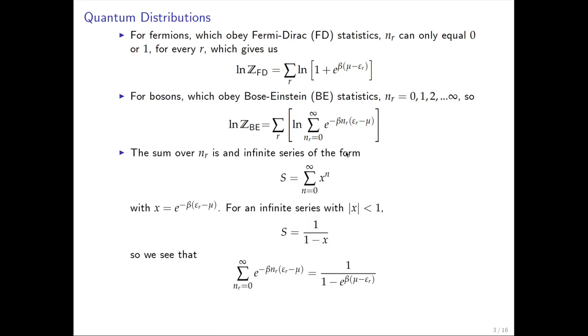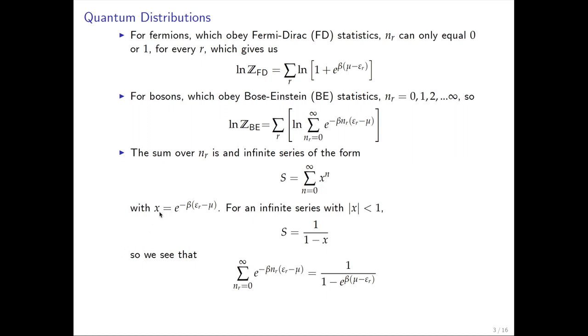That is, this sum over occupation number has the form of an infinite series. Recall, the sum s equals the sum from n equals 0 to infinity of some term x raised to the nth power.